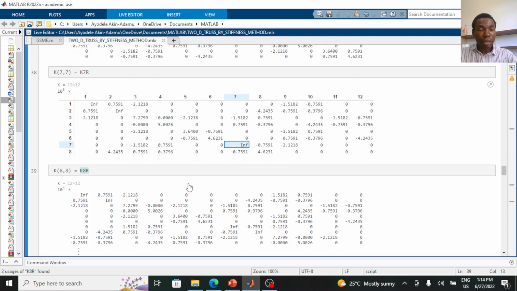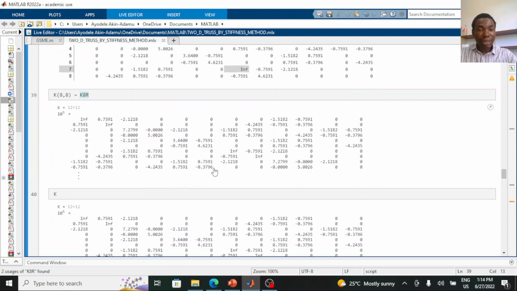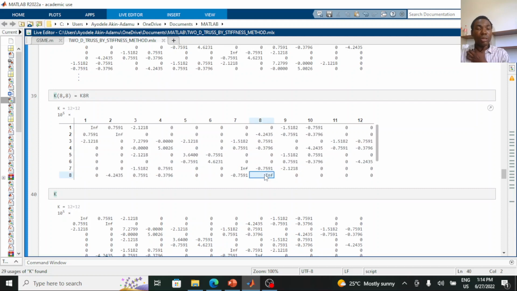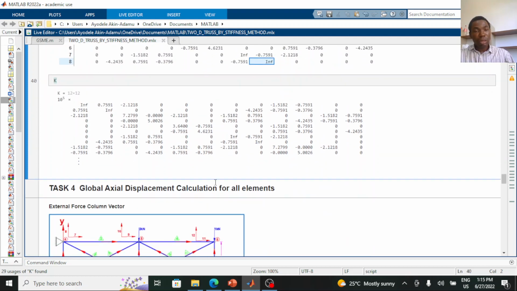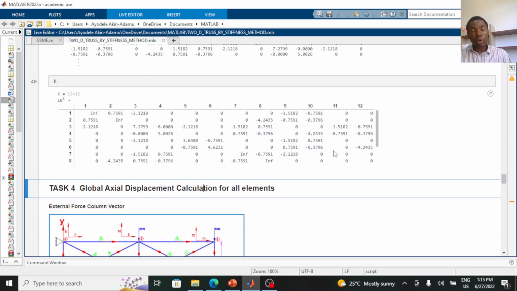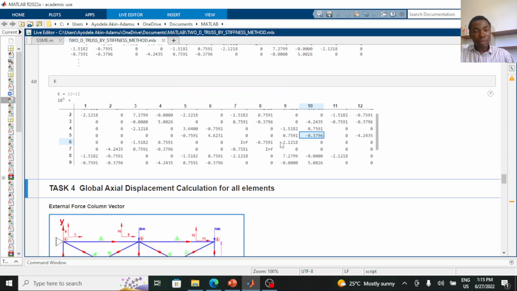That's at this point. This code here adds infinity value at 8, 8. So these are the four modifications to the global stiffness matrix. So this is the final modified global stiffness matrix with the support modification. It is given by this.